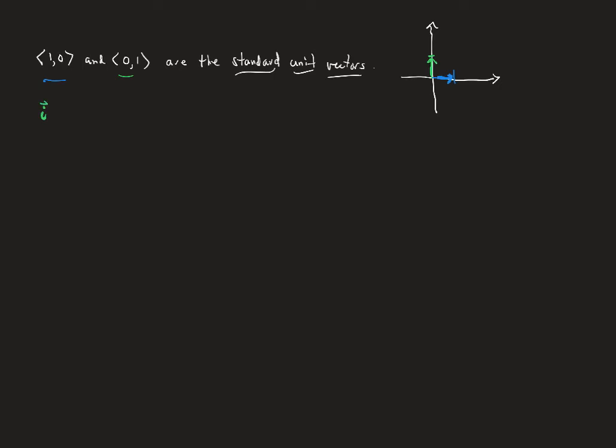I don't write boldface very well here, so I'm going to put the little vector sign on top of it. So this notation, just plain i, represents the vector 1, 0. And j is going to be the same as that standard unit vector in the direction of the y-axis.